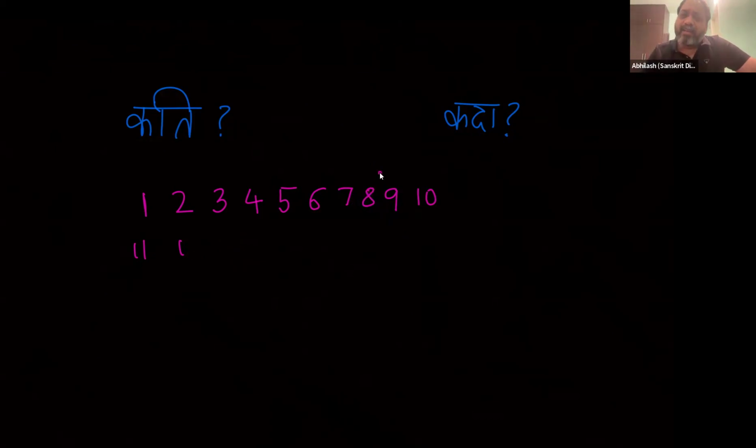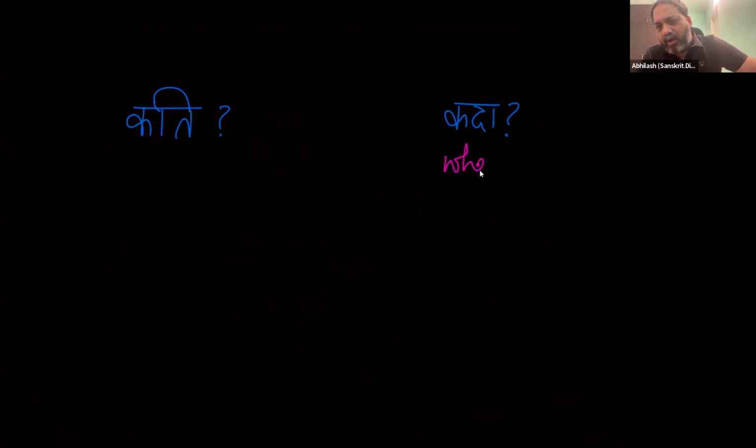But here's the thing. When we want to talk about time, okay, kada, if you say, when is today's class? If the question is when, you can answer this question in many ways.